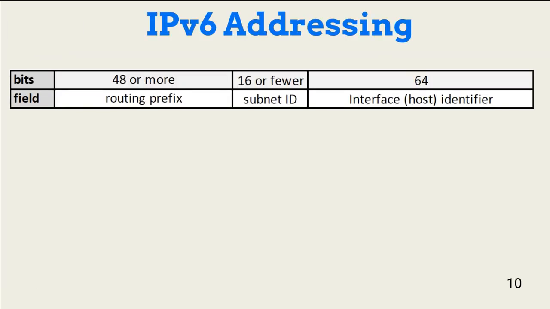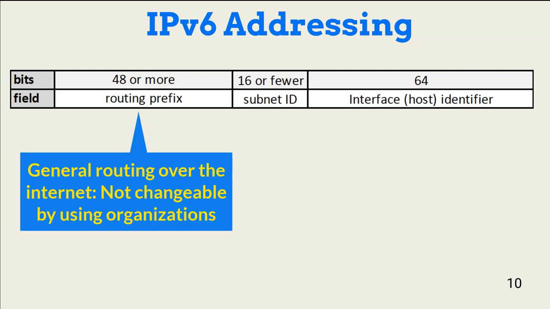For the purposes of this lesson, I focus on IPv6 unicast addressing, or addressing for specific hosts. This table shows how an IPv6 address is broken down. The routing prefix is used for general routing over the Internet. Values here are not available for manipulation by an organization setting up its network topology.